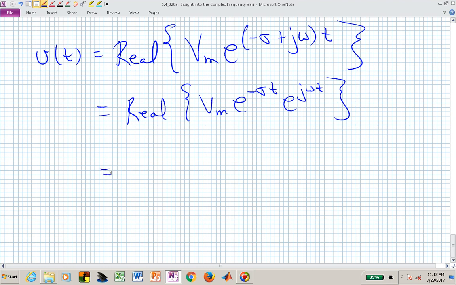And I hope now that you can see that we can actually factor out v sub m. Let's assume that that's a real number or a real coefficient. e to the minus sigma t is a real number. So those can be factored out of the curly bracketed term upstairs, and we now have the real part of e to the j omega t.